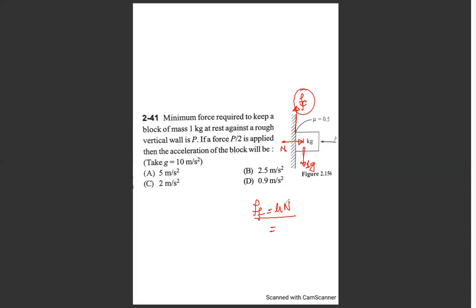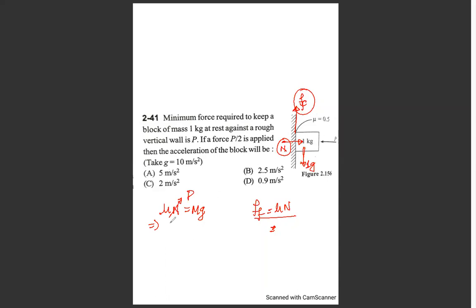We don't know the value of mu. But in this particular case we can write mu N should be equal to mg. And this normal reaction is nothing but P. As you push it, the normal reaction is going to change continuously. If you make it P by 2, normal reaction will become P by 2, right?